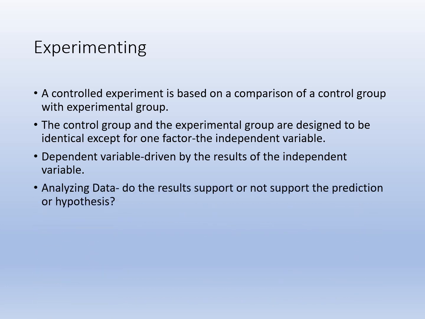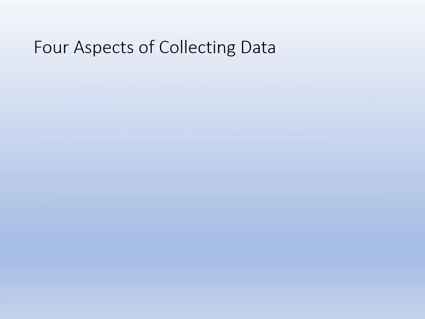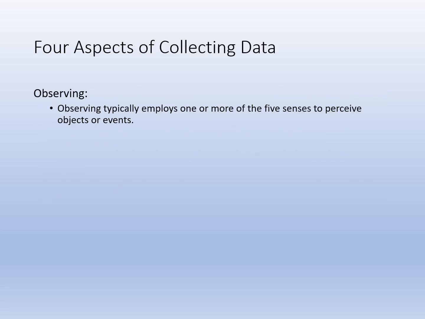Then you have to analyze that data, clearly measured, and determine whether or not that supports your hypothesis. Analyzing data, you can observe. Your eyes will tell you whether the plants are growing faster, but you need to do more than that. You need to measure.